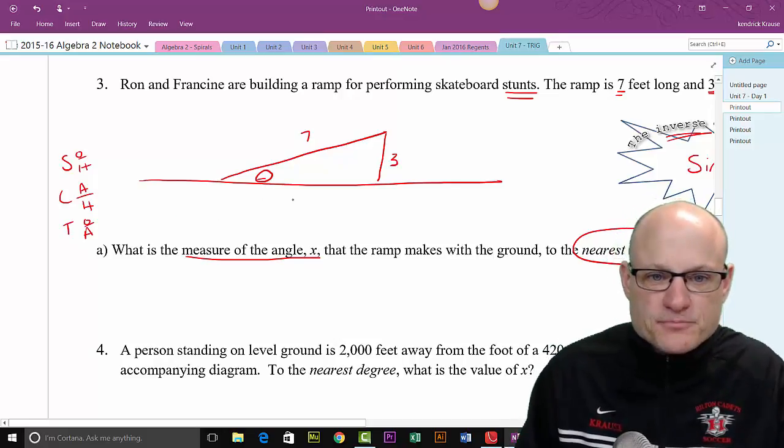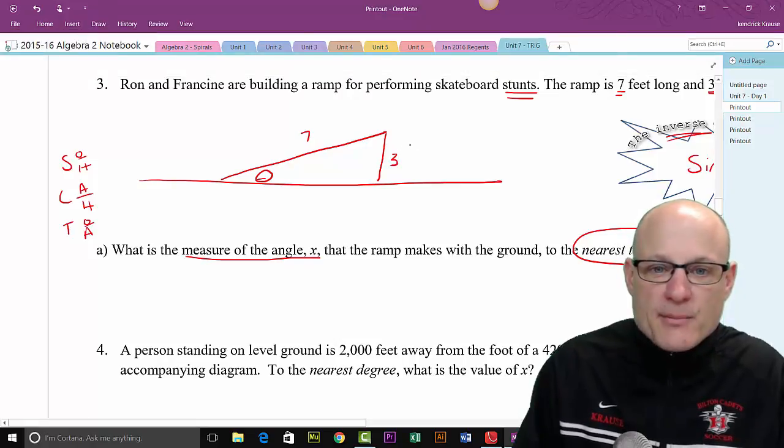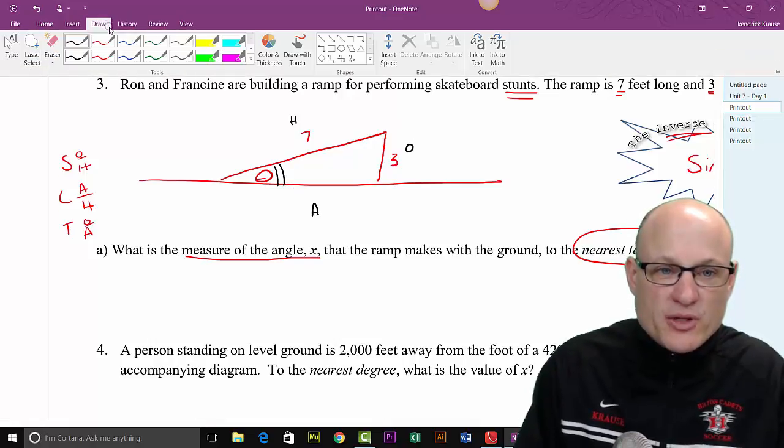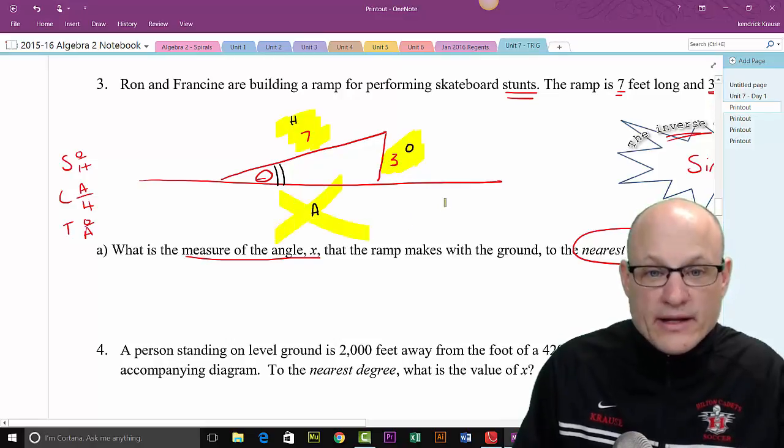So let's see. Let me label this thing: opposite, hypotenuse, adjacent. You've got to see which two sides are in play. What do I mean by in play? Well, I like that one, it's got a number. I like that one, it's got a number. This one's got nothing. I don't need it. I don't even care about it.